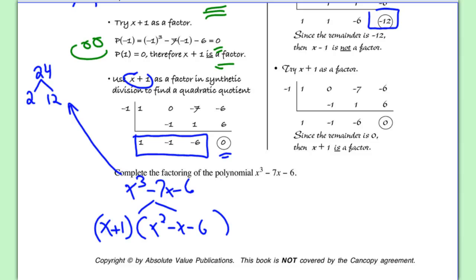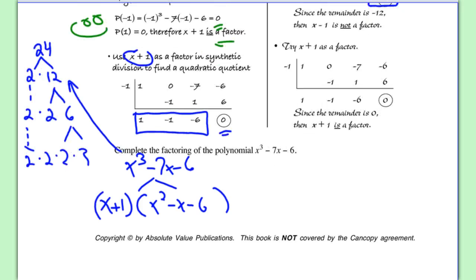And just like you would with 24, once you knew that 24 was 2 times 12, now you can say that 12 is really 2 times 6. And then you carry on, and that's really 2 times 2. And 6 is really 2 times 3. And you're down to the complete prime factorization because you can't go any farther.